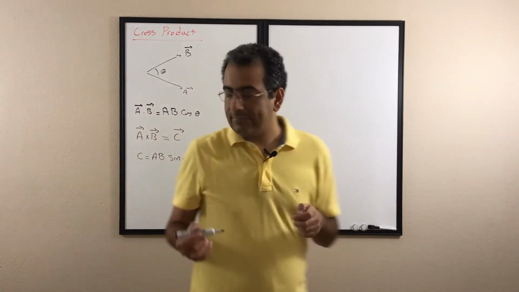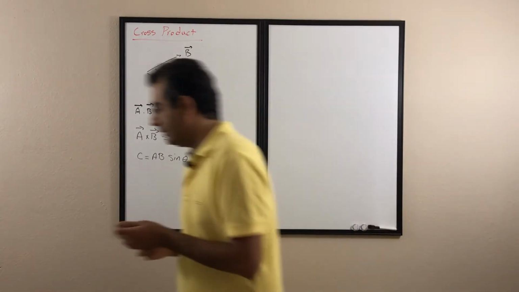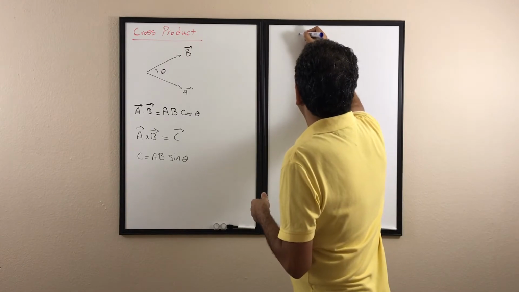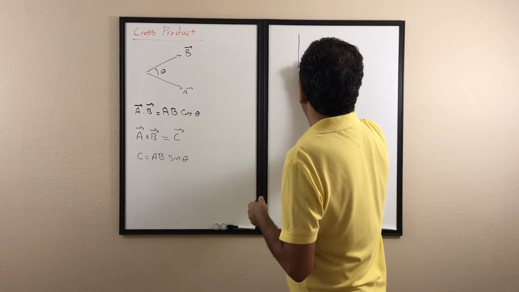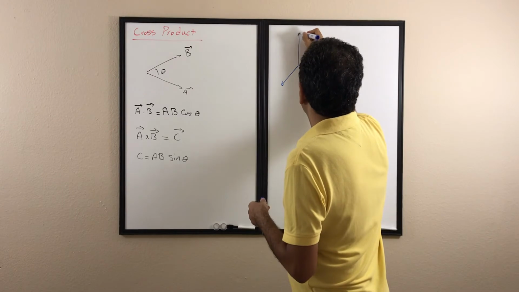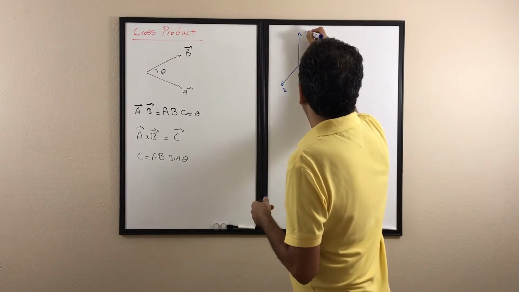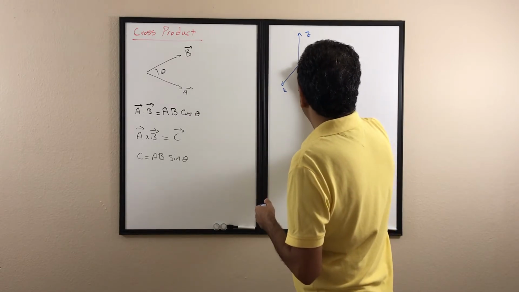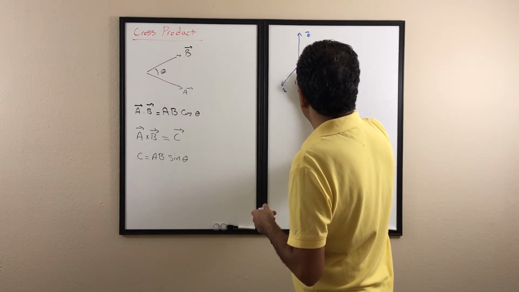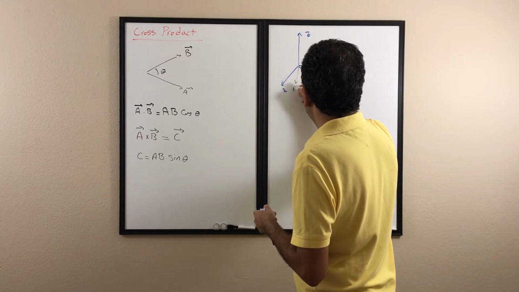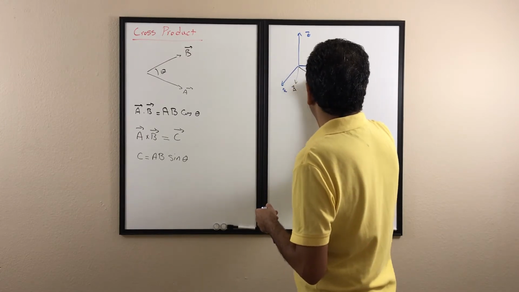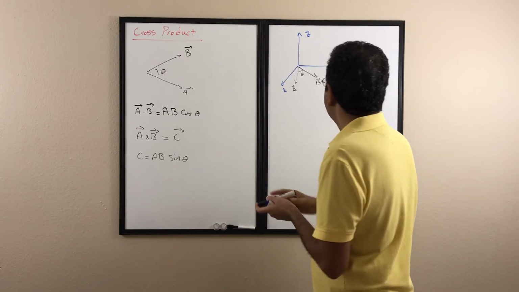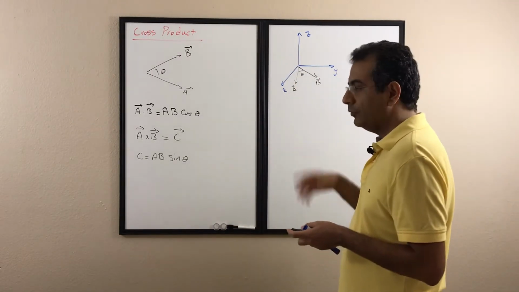Similarly, if I have them sitting on the X and Y axes, for example, I have X, Y, and Z, and then two vectors A and B sitting here with angle theta.